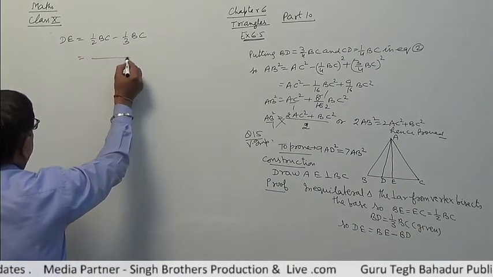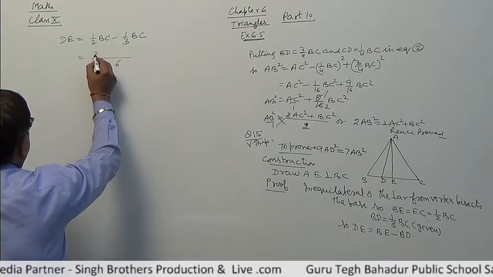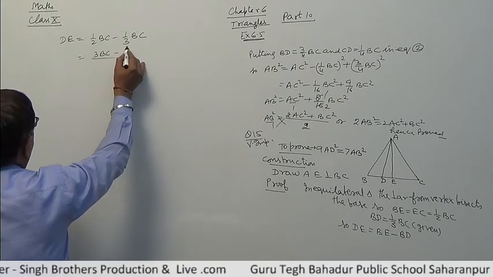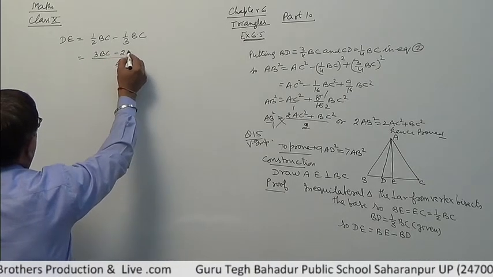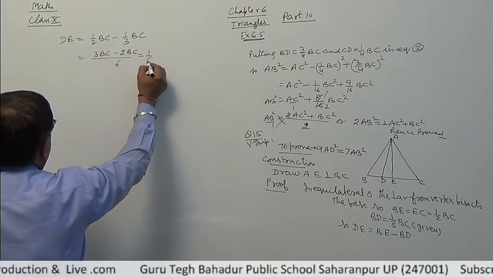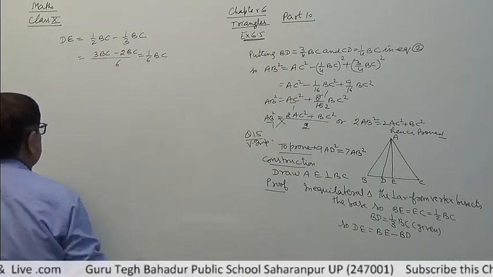LCM of it is 6. 3 BC minus 2 BC, that is 1/6 BC.